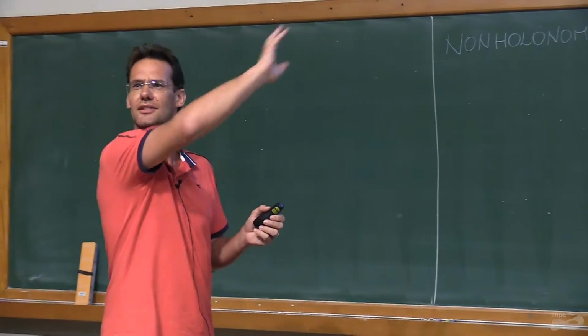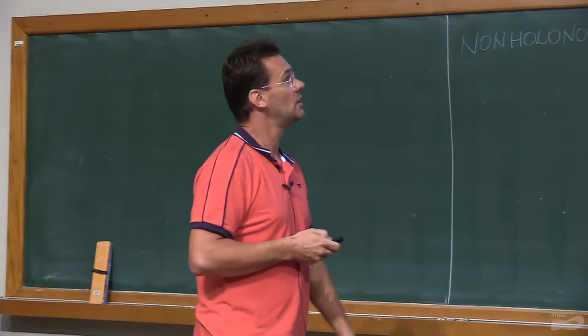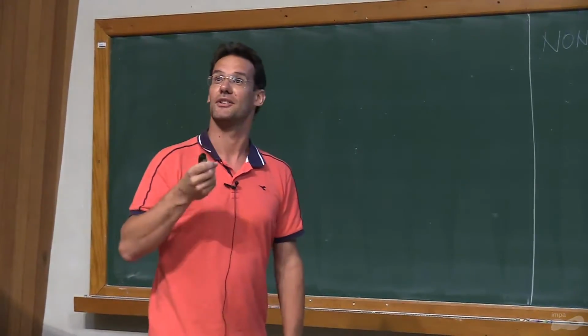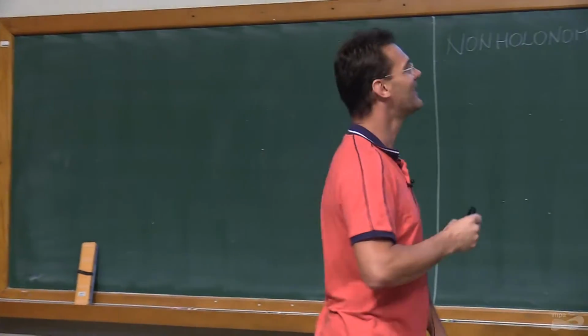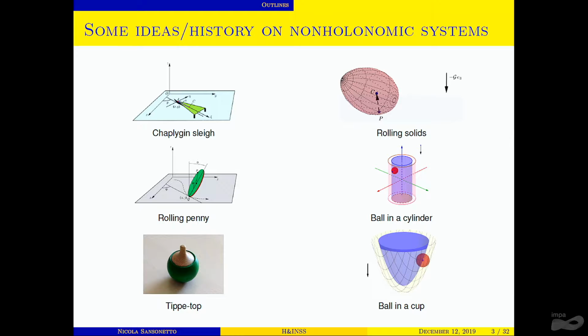So this is an explanation. At the end, I will show you the equations and why it happens, but here there is also an expert on this, if I well remember. And then there is another example that is a ball that rolls without sliding inside a cup. But the cup can also be a cap. The same situation happens, more or less.